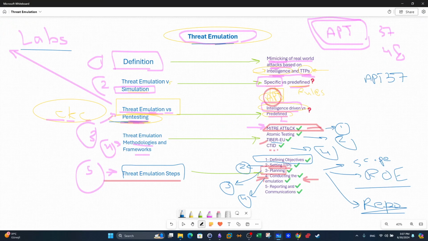And again, during the conduction phase, you're going to come across many of the steps that are cross-referenced in pentesting. Lastly, communication and reporting. You're going to create a report and deliver the findings to your client or to your company, where you outline what the weak areas are and how the security posture can be improved.